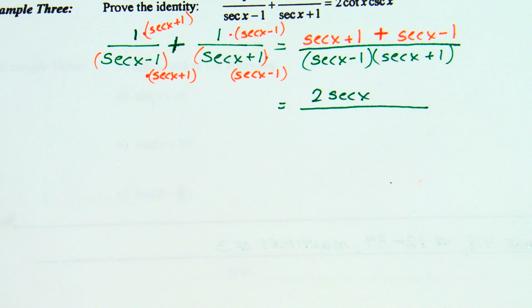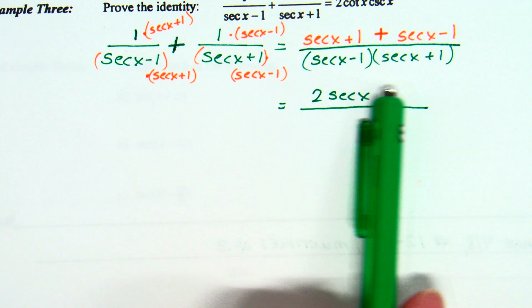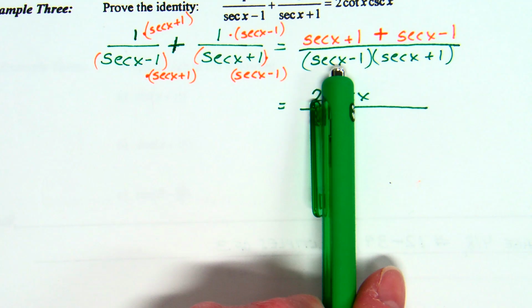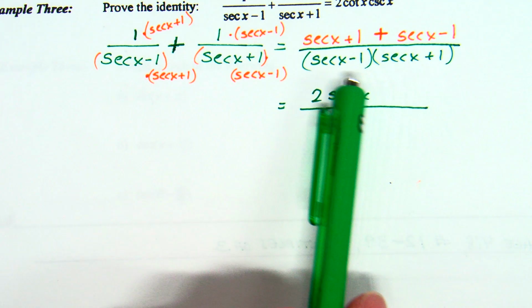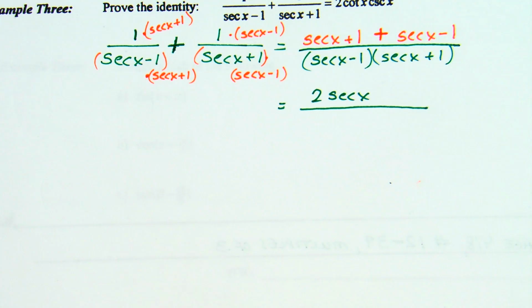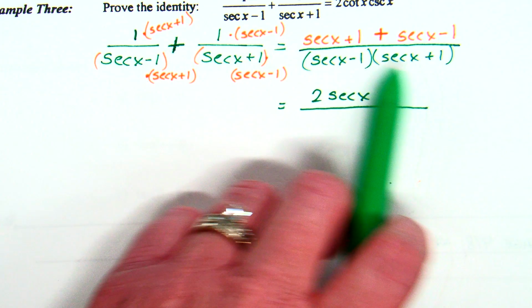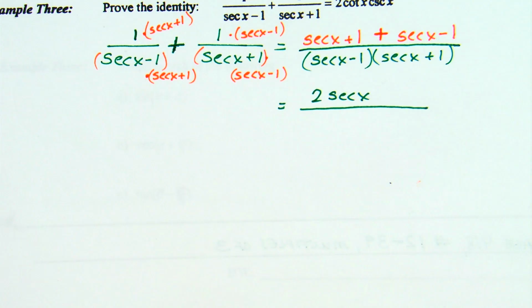So if you need a note to yourself, what we did right there, we did FOIL. In the denominator, if you remember from before break, if you see any combination of squareds and ones being added and subtracted, you want to think, is this a Pythagorean identity?